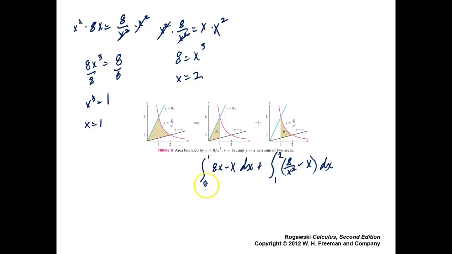Okay. I'll do the first one for you. 0 to 1 of 7x dx. Okay, I'll do that subtraction. You do this one for me. What do we do with that?